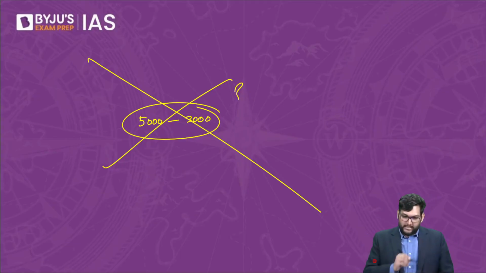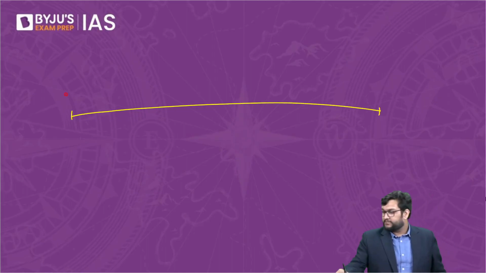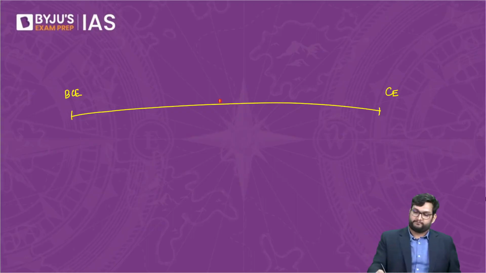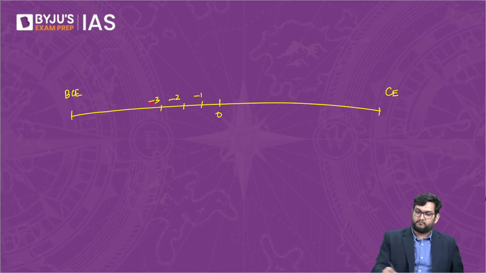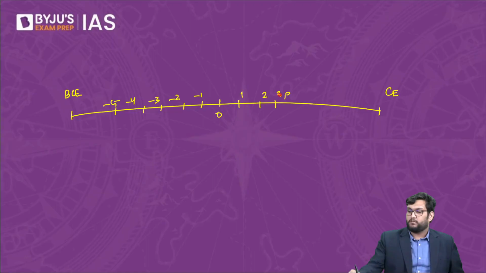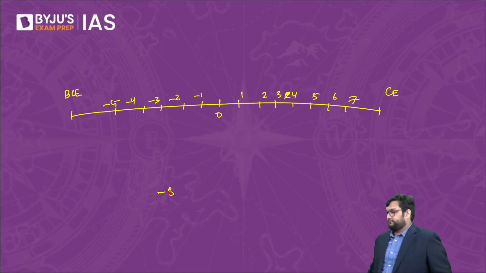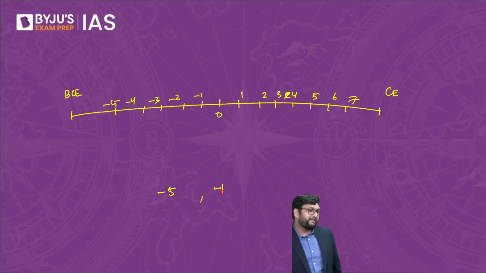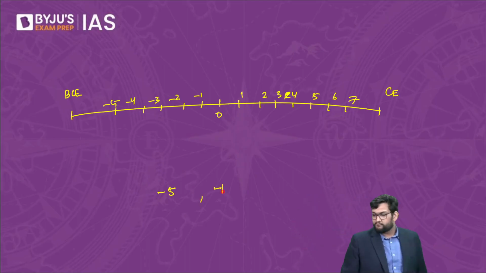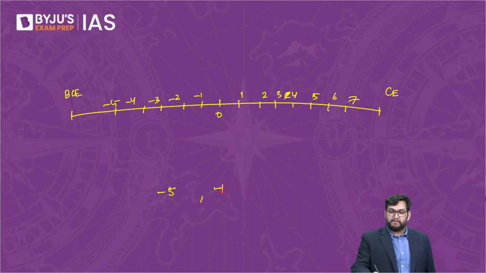So learn this. When it comes to this timeline of BCE and CE, it works like a number line. -5 is bigger or -1? -1.